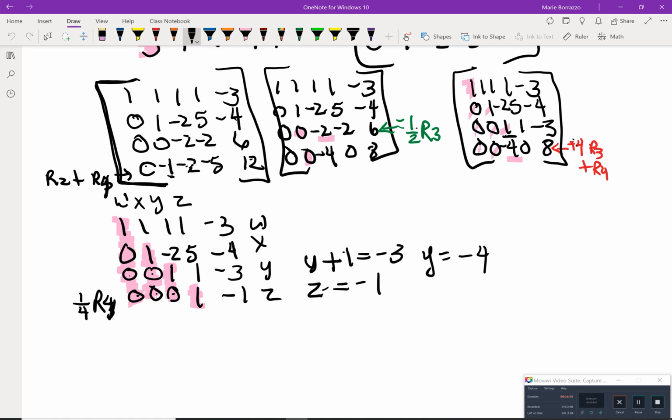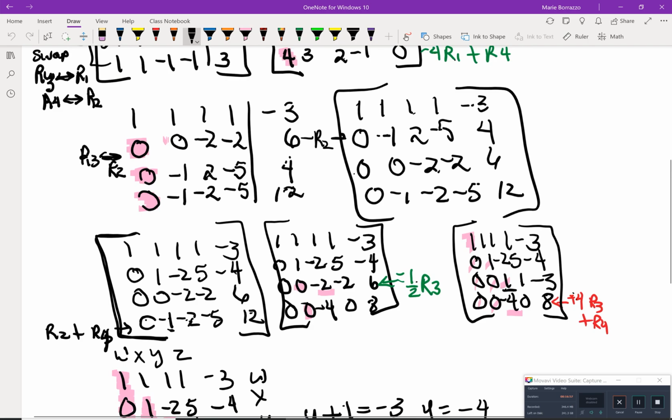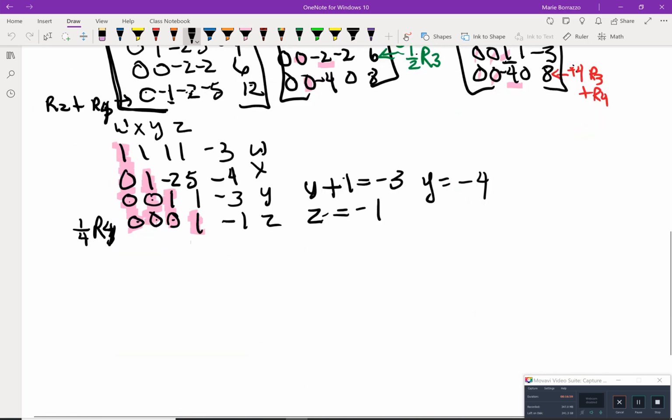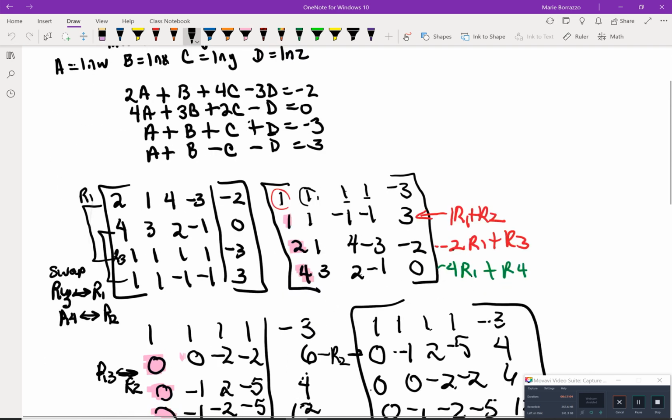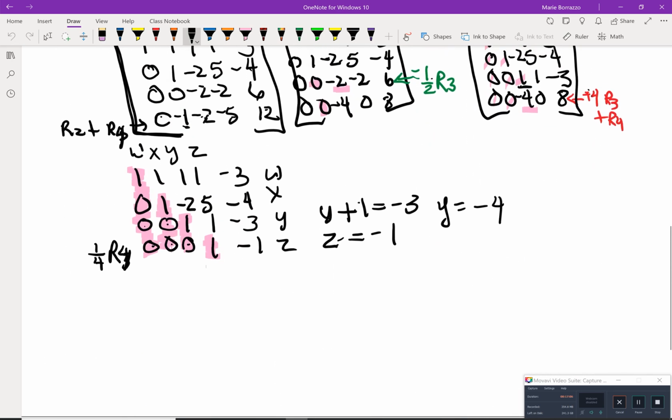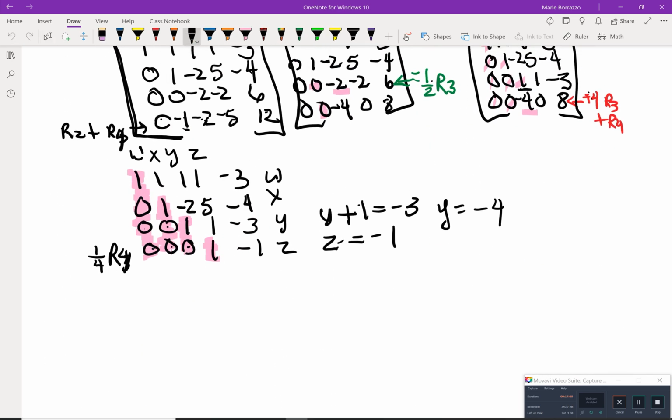Or actually this is WXYZ? I'm pretty sure it's WXYZ. How did they write this? Let me see. Yeah, WXYZ. All right. So X, in this case, since there is no W, it's simply X minus 2Y plus 5Z is equal to negative 4.